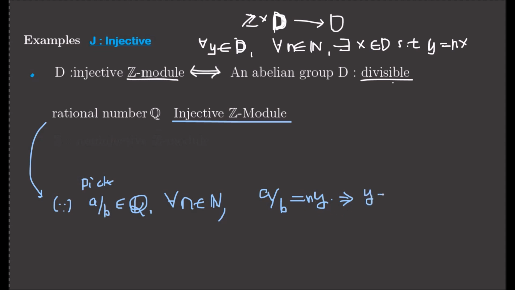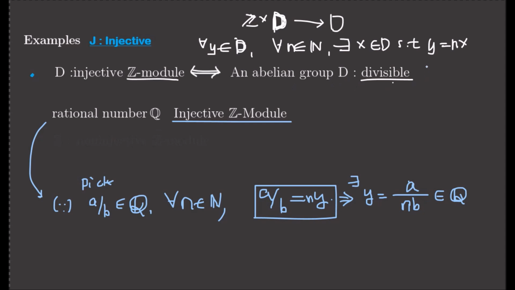Because n is a natural number, y is equal to a over nb, and this is clearly a rational number. So for any rational number and for arbitrary natural number, we can find a rational number y such that this formula holds.